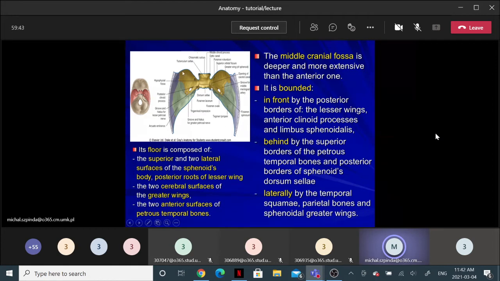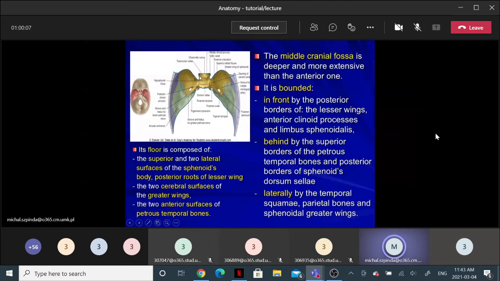The second thing is just here, the place between the lesser wing, greater wing, and sphenoid's body. Such a triangular space is called the superior orbital fissure.